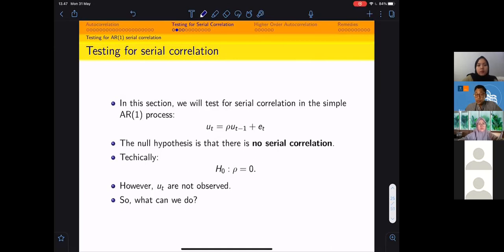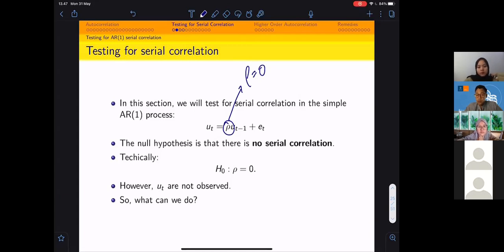So we're going to assume again that there is autocorrelation of degree 1, or AR1. So the null hypothesis is that there is no serial correlation. Technically, if there is no serial correlation, it means that the autocorrelation coefficient is equal to 0.